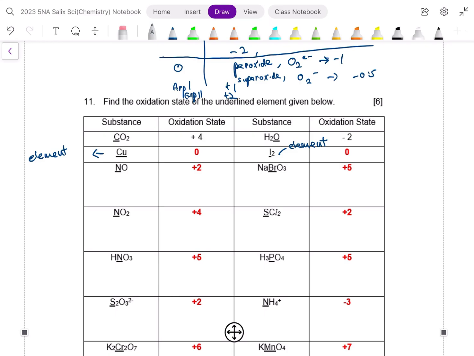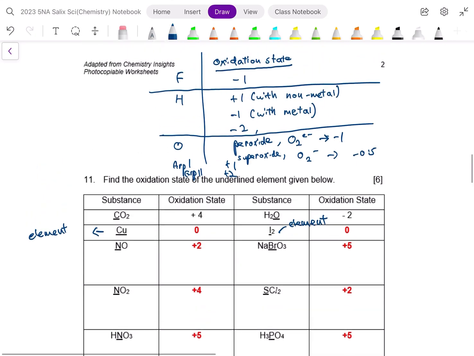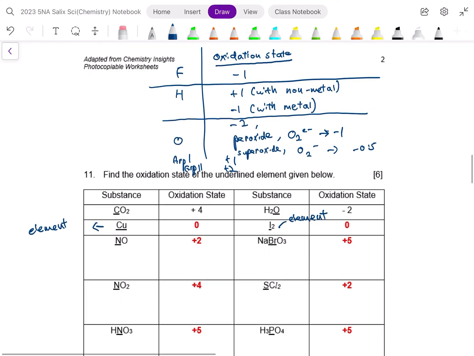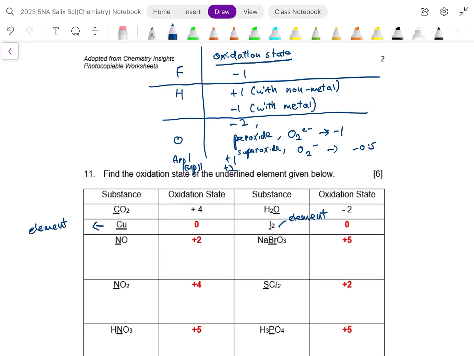Let's look at the next one. At the top, I have a list of oxidation states that you can fix. For example, fluorine is -1, hydrogen is always +1, and -1 when it is with a metal.